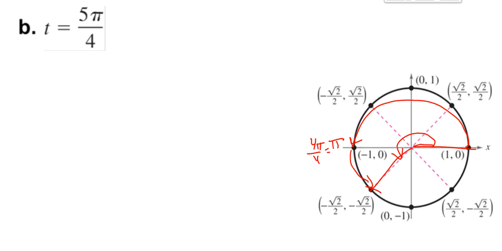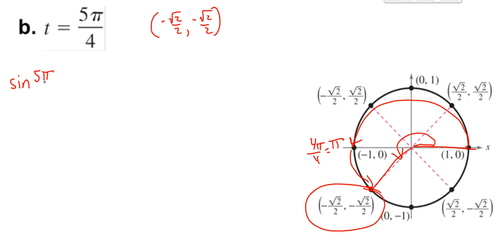These are the coordinates of the point on that unit circle. And so that is negative square root of 2 over 2, comma, negative square root of 2 over 2. And so those are, again, cosine and sine. So the sine of 5 pi over 4, and please always write what the angle is if you know it.